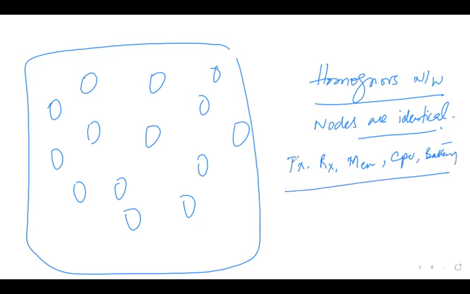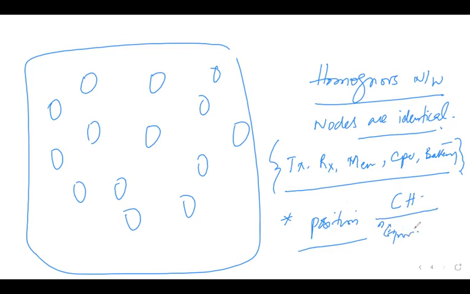So they are all equal with respect to their characteristics. But there is still one thing, and that is the position of the node. The position of a node is not the same, based on which we can decide a cluster head or a group leader here, as we decided the forwarding node in our last example.